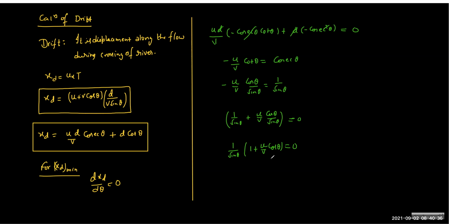Sir, I got the answer of theta. No, you got the answer, but that answer is actually wrong. The answer should have been u by v. Sir, I got cos theta equal to minus v by u. Yeah, that is correct. So what is the mistake here?